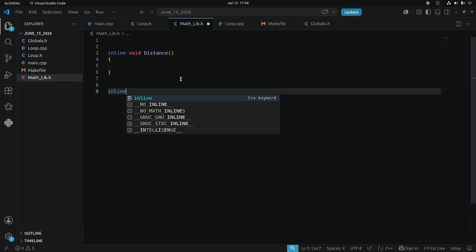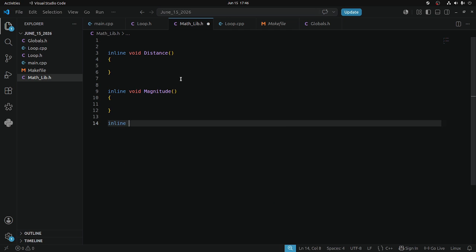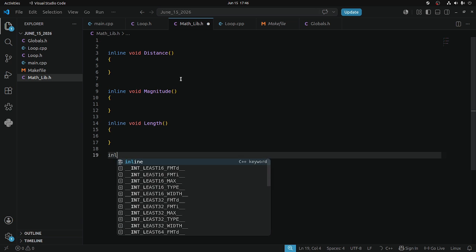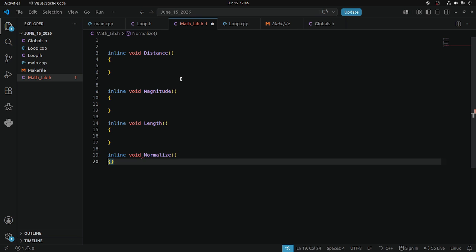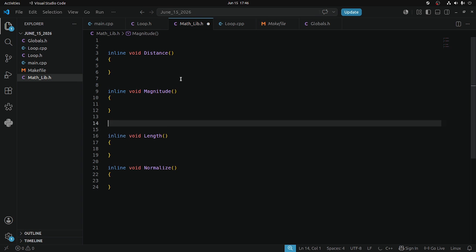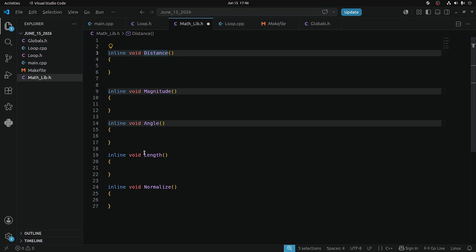And then again, an inline void magnitude, an inline void, and I'm going to call this length here, inline void normalize, and inline void angle. Now we could preface this stuff with the word get.